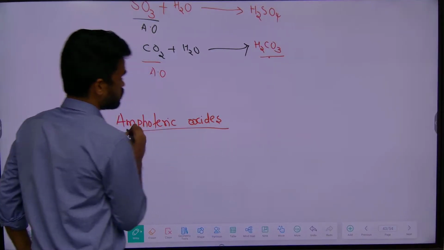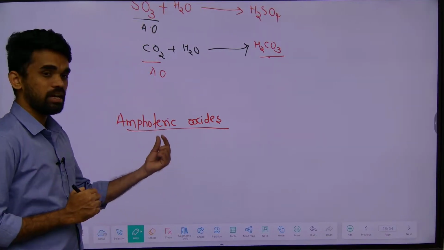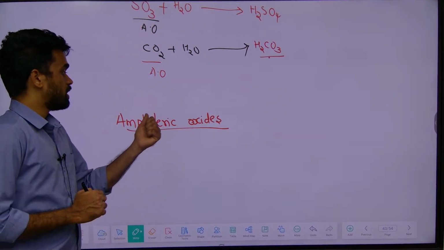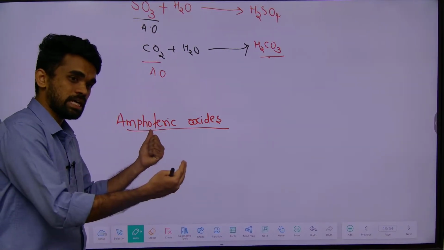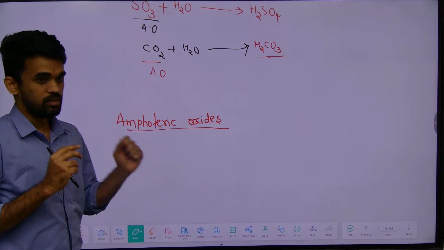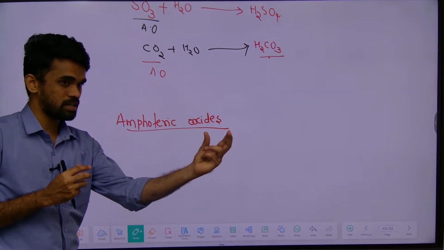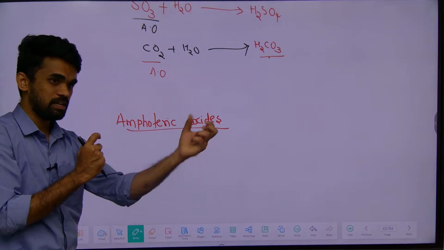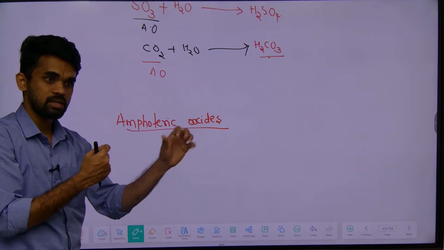Oxides. So amphoteric oxides, depending upon the requirement and depending upon the situation, will act as either basic oxide or acidic oxide. For example, if I treat this with a basic oxide, our amphoteric oxide will act as an acidic oxide. If I treat it with an acidic oxide, this fellow acts as basic.